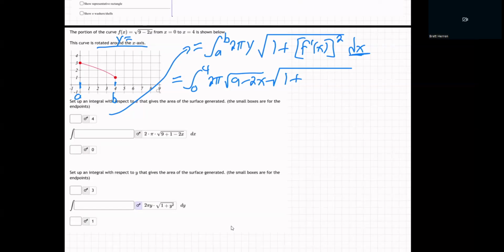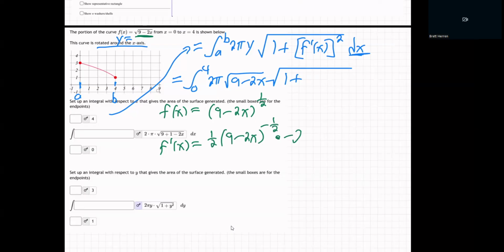So let's get that. If f of x again is 9 minus 2x to the half power, just grabbing it right there, then f prime of x is bring down the half, 9 minus 2x to the minus a half, times the derivative of the inside, which would be negative 2.